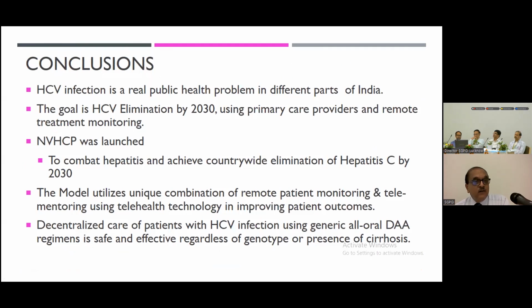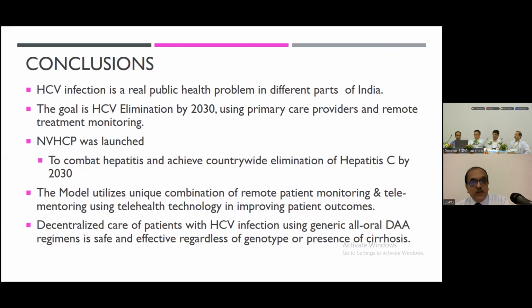I would like to conclude. Hepatitis C virus and hepatitis B virus infections are real public health problems in different parts of the country. The goal is hepatitis C elimination by 2030 using primary care providers and remote treatment monitoring. NVHCP was launched to combat hepatitis and achieve countrywide elimination of hepatitis C by 2030.